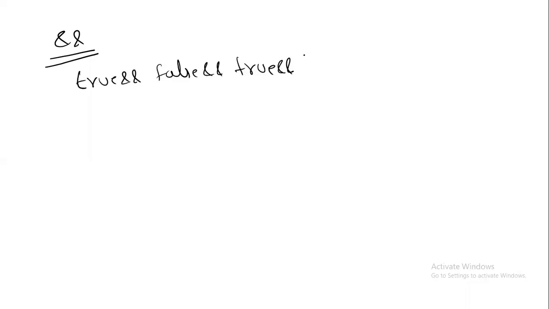So let's talk about the AND operator here. I want to see who will answer first. False. Huh? False. Are you sure? Because I have not completed my question yet. I want to give some more true values here.